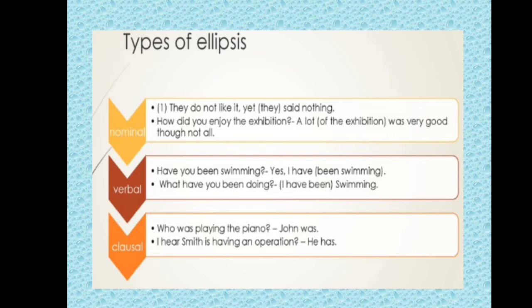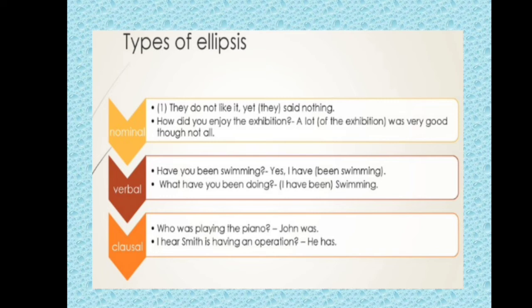The first one is nominal. They do not like it, yet said nothing. How did you enjoy the exhibition? A lot. Was very good, though not all. Nah, yet itu refers to they, and then a lot refers to of the exhibition. And then verbal.